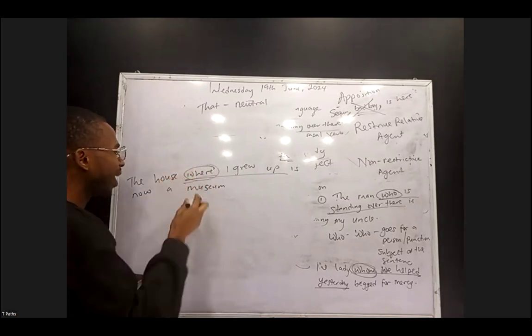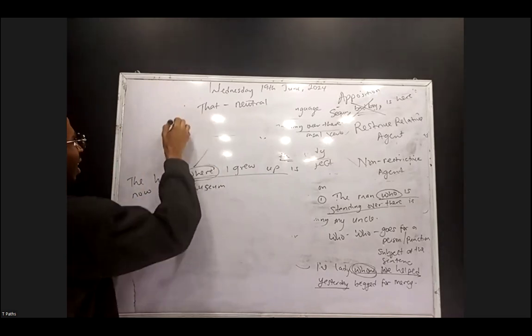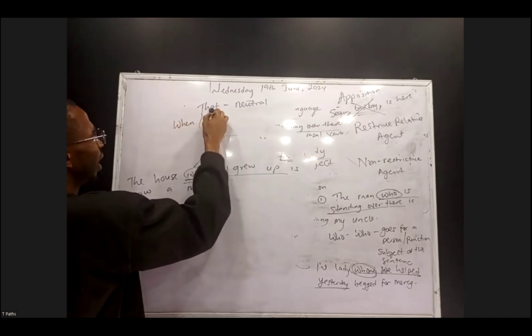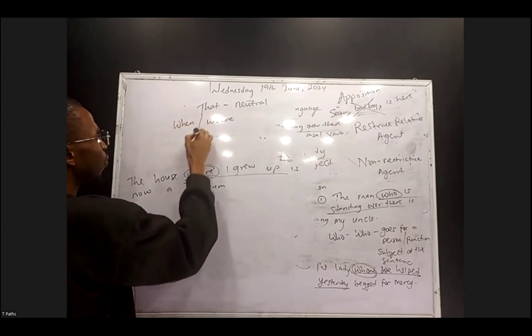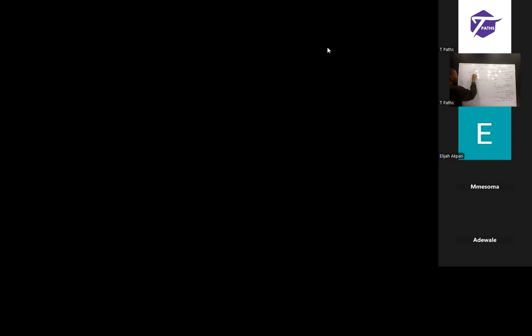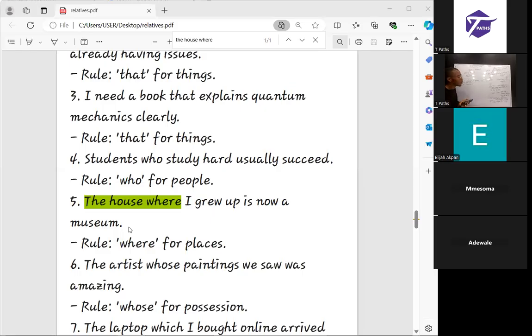And do not forget I said when and where fall under the case of the adverb. Let us understand the functionality of the relative agent. Imagine you are given a sentence and they ask you what is the grammatical name and what is the grammatical function. Can you see the difference now?